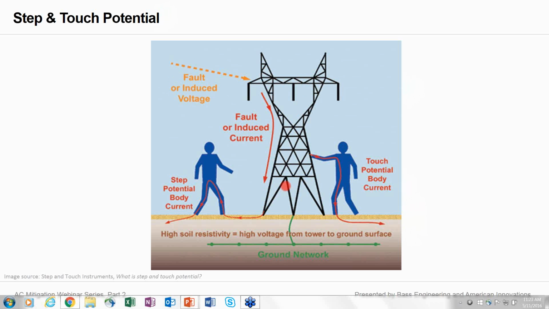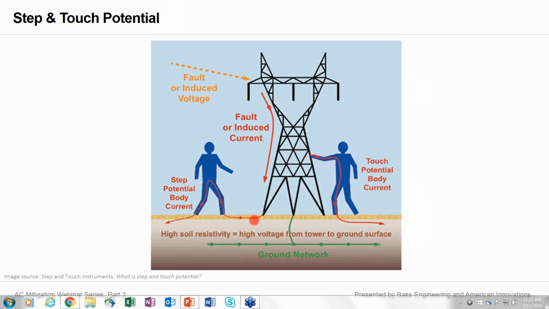One of the other phenomena that you need to be aware of is in the case of a lightning strike, primarily a lightning strike, you can see very large amounts of current going to ground. As that current enters the ground, you have current passing through a resistance. We all know that to be defined as voltage. As that current moves through the ground, you will see that gradient potential rise or earth voltage gradient.